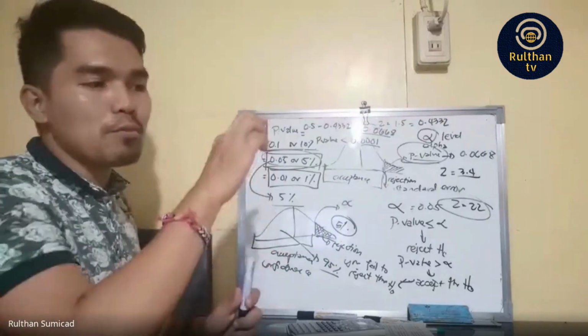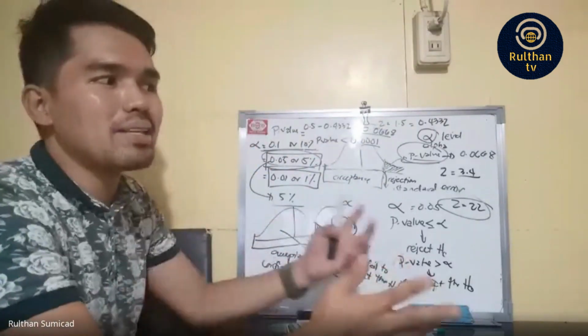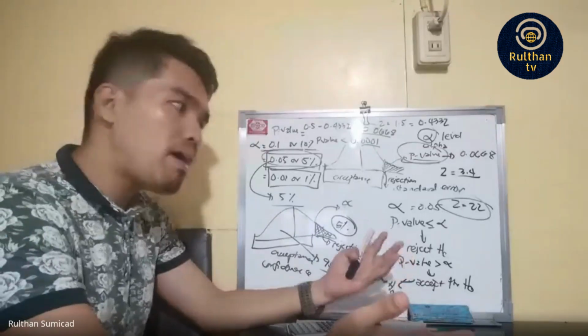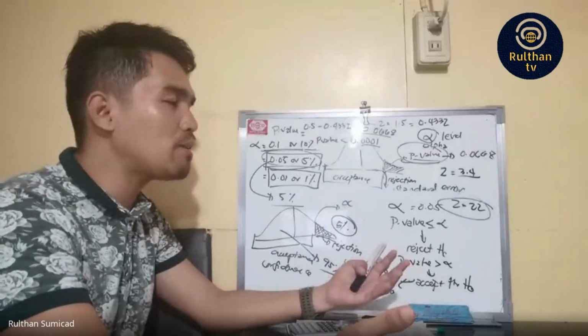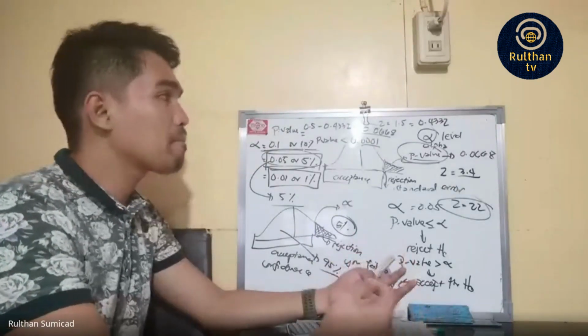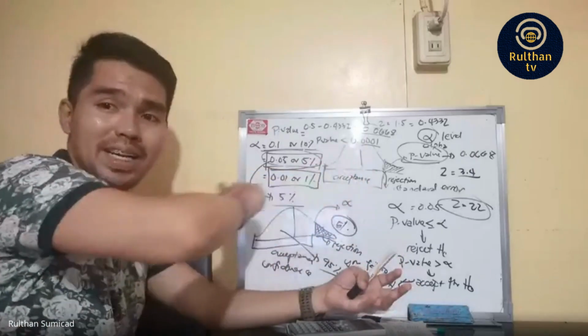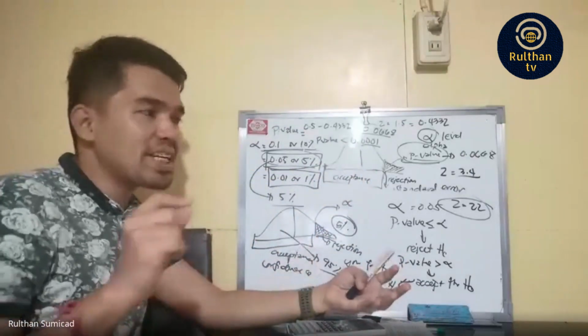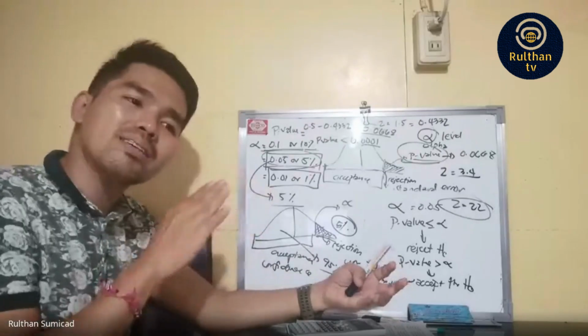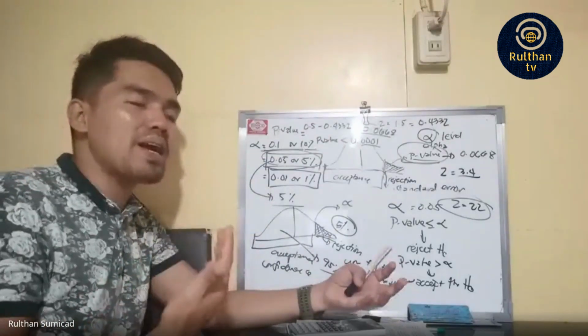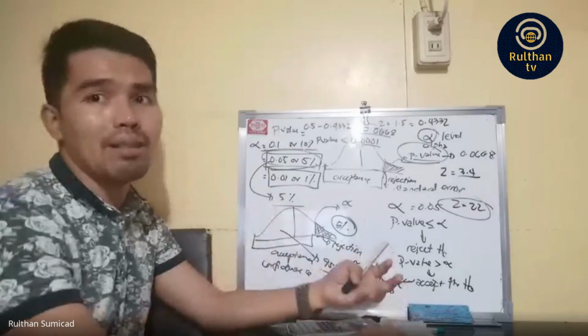Now, we cannot put it that the p-value is 0.00000, because if you put it all as 0, it seems to say that there's nothing there. But the fact of the matter is that we cannot make it 0, because towards infinity there is still a value there, but it is just very, very small compared to our alpha value.